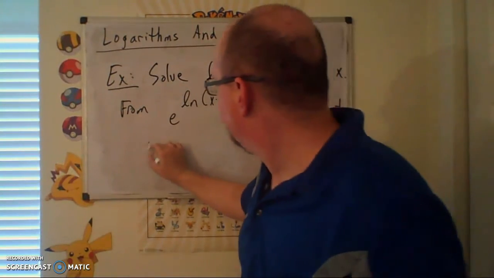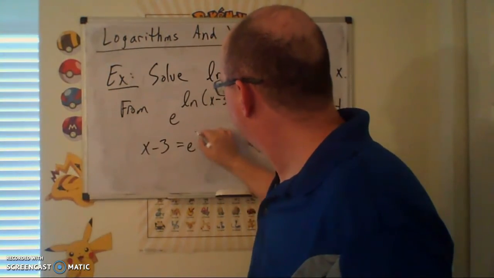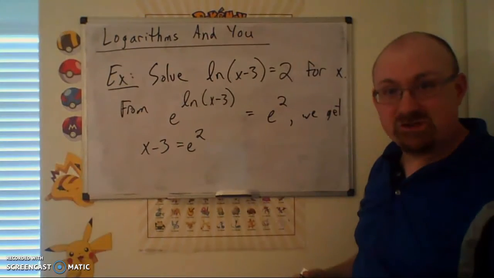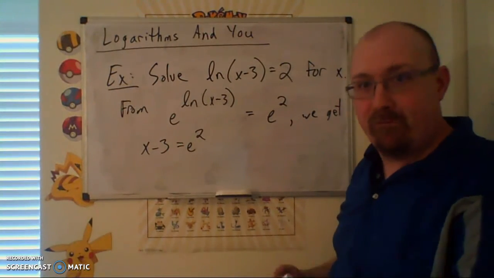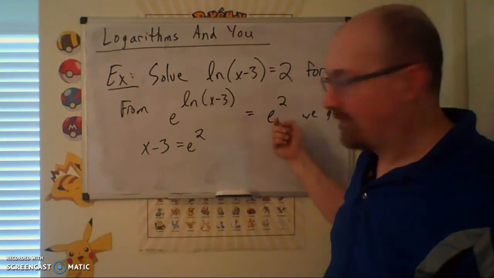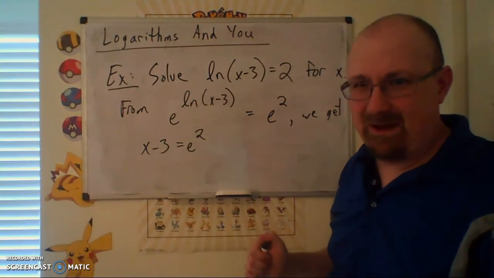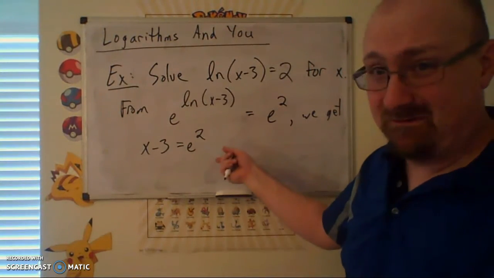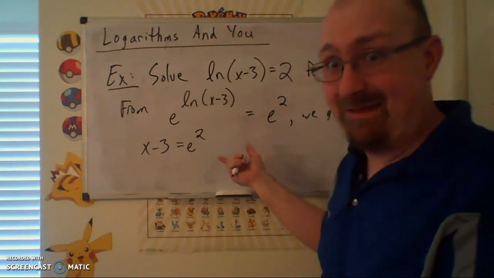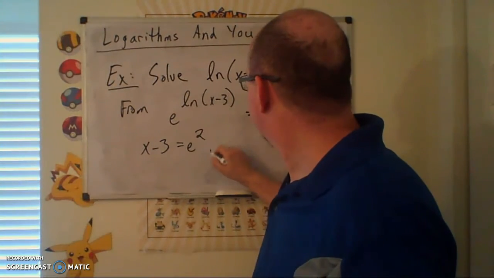Anyway, in any case, the natural log and the exponential go poof, they vanish in a puff of logic. On the right-hand side, we have e squared. You could work out a decimal for it if you'd like. I'm perfectly fine with e squared as a number because math teacher.